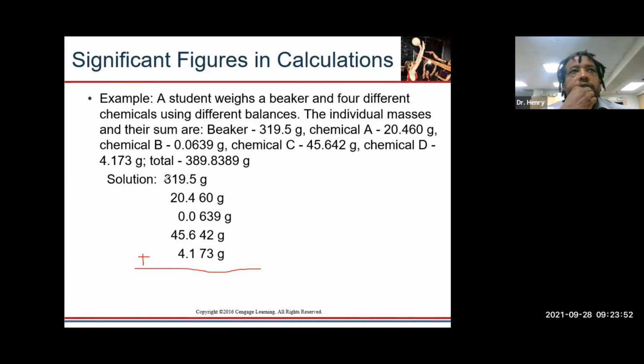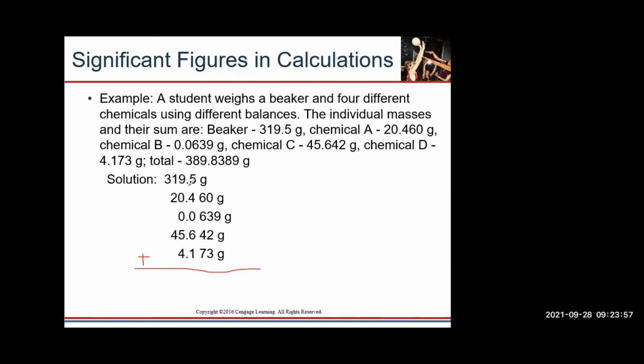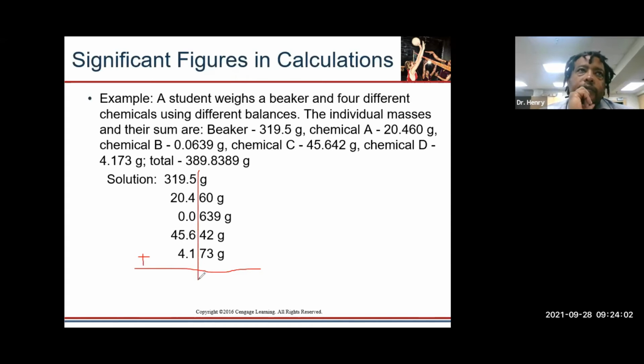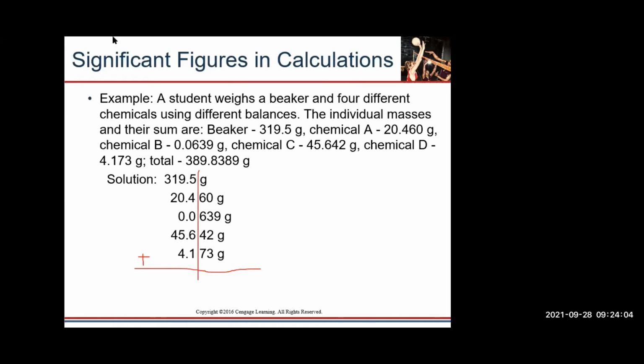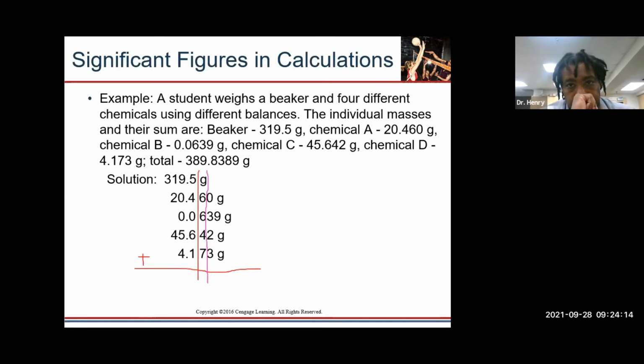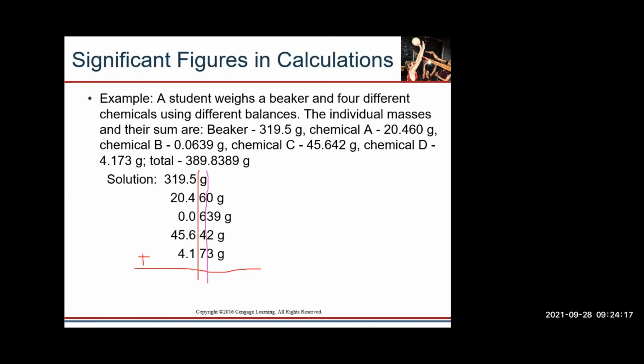For the first one, after the 5. What about the next one?